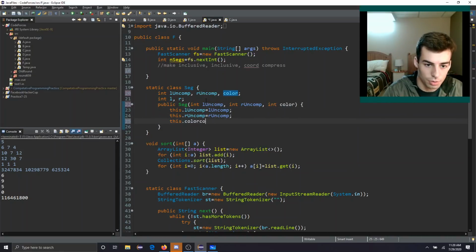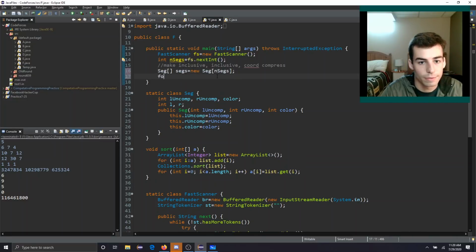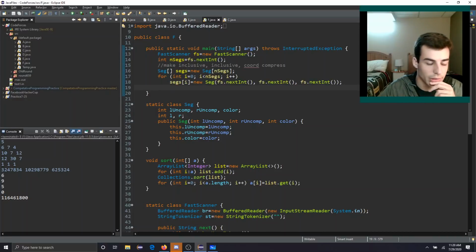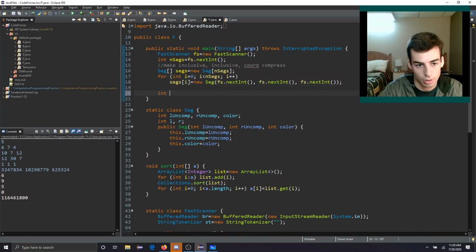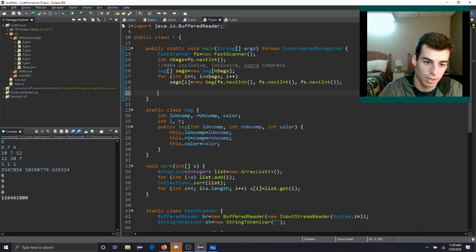Is that color equals color? Yeah, alright, so now seg array segs gives me seg array and segs for diagonal 0 less than segs plus, segs at I equals seg. Those things. Yeah. Now int n ones equals 0 for seg s. Well, let's just compress now.